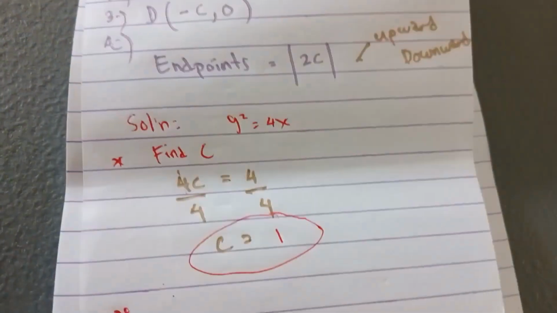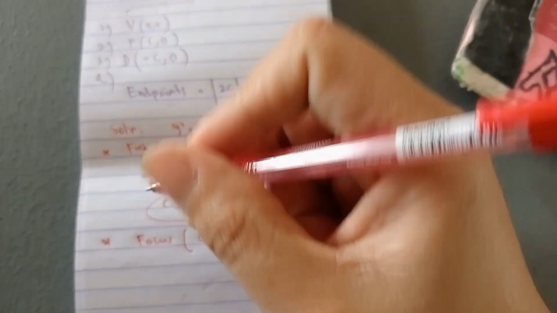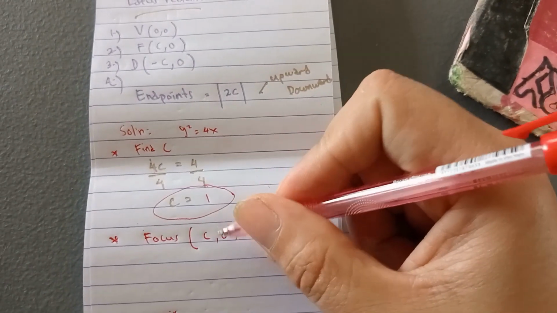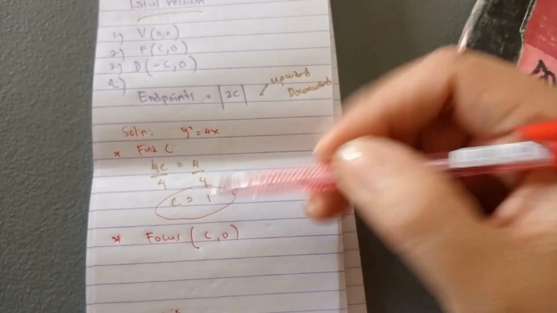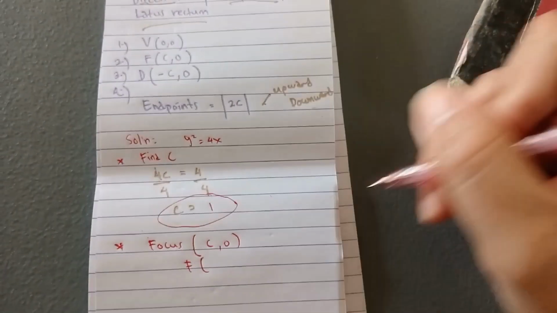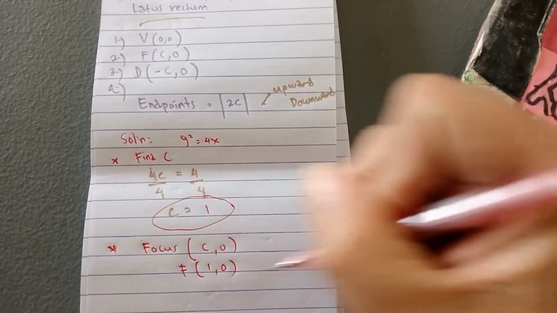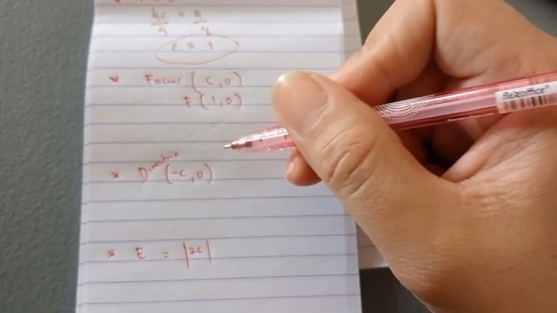Next, we need to write the vertex. As we all know, this given problem is from the origin. Then next, we have the focus. As we all know, the value of c is 1. So, ang pinakasusi yan ay kunin nyo si c para makuha nyo lahat. We have 1, 0. The next, we have the directrix or the fixed line.